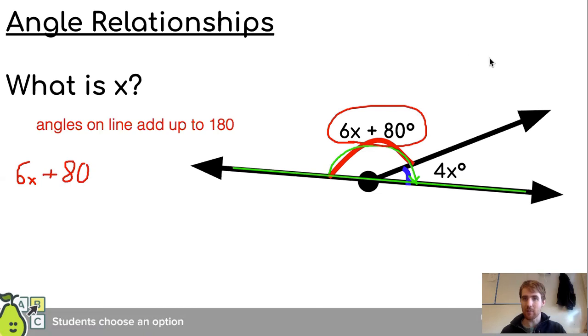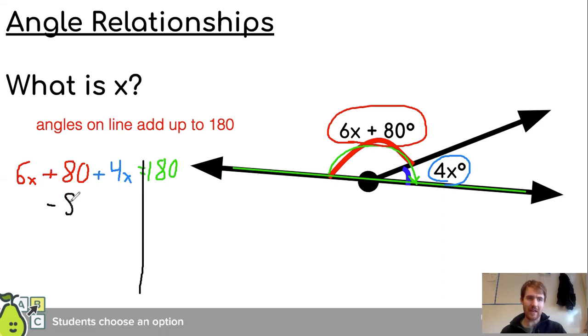We also have this little blue angle, 4x. And we know we have to add those two together, and it's going to be equal to the entire angle, which is, of course, 180. Now we're just where we were in the last problem. It's just the algebra is a little trickier. So we'll go ahead and do the algebra.